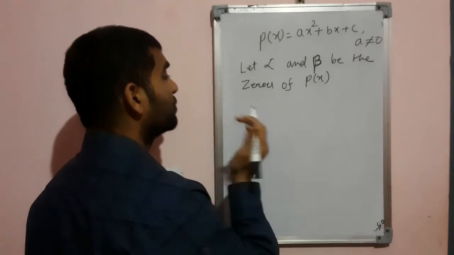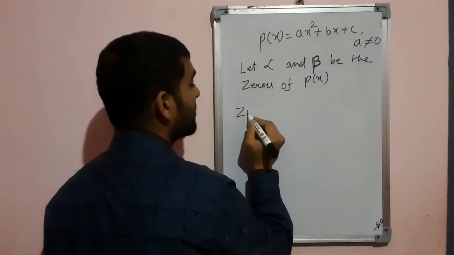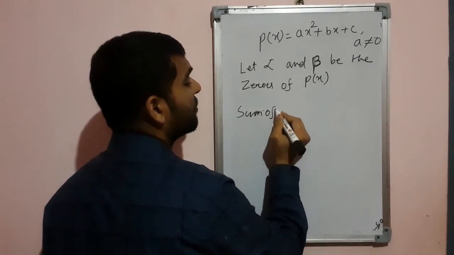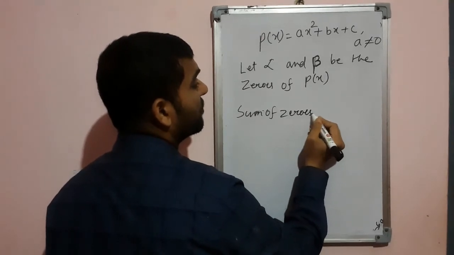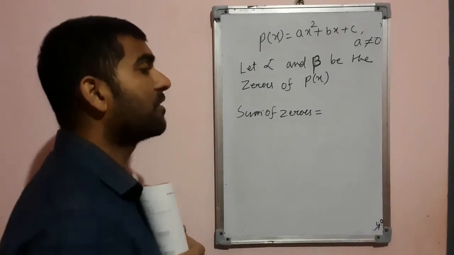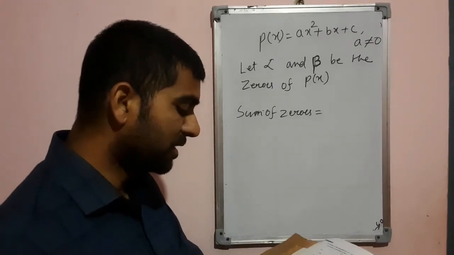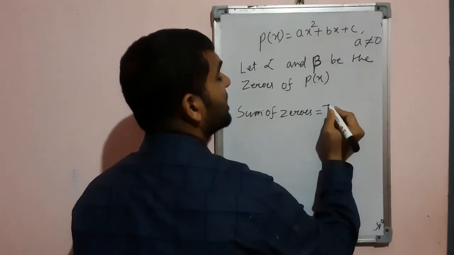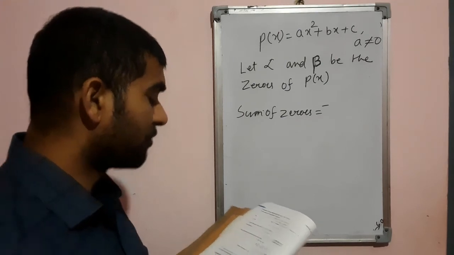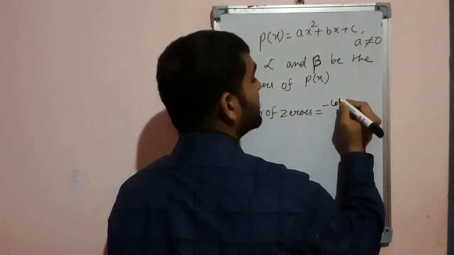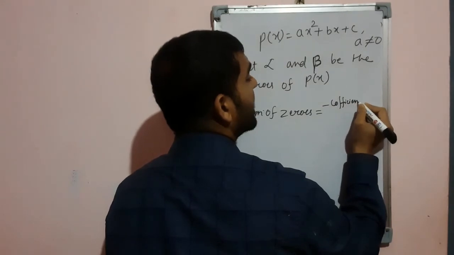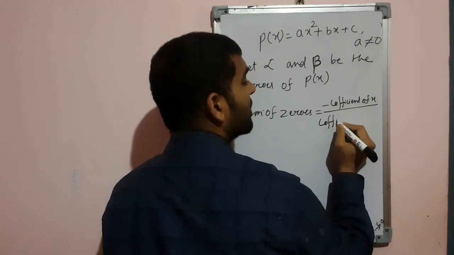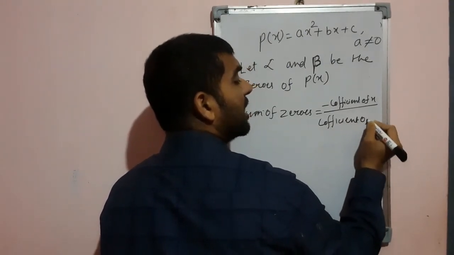Now here we can find two things: the sum of zeros. What is the formula for the sum of zeros? Try to remember: the sum of the zeros will be minus coefficient of x by coefficient of x square.